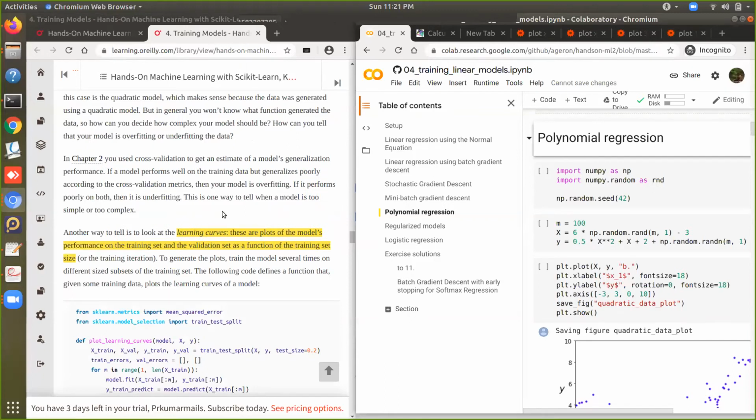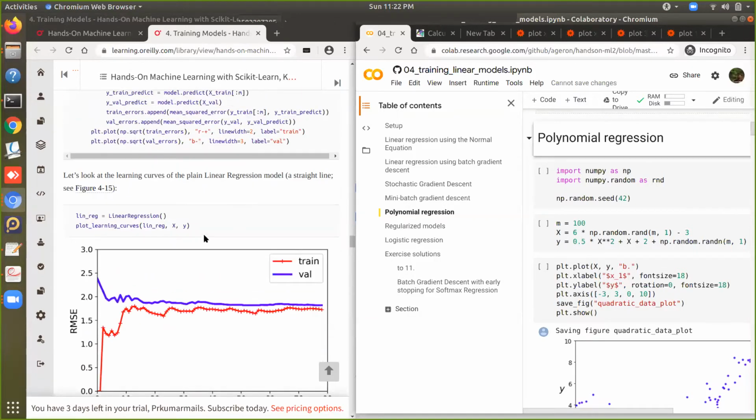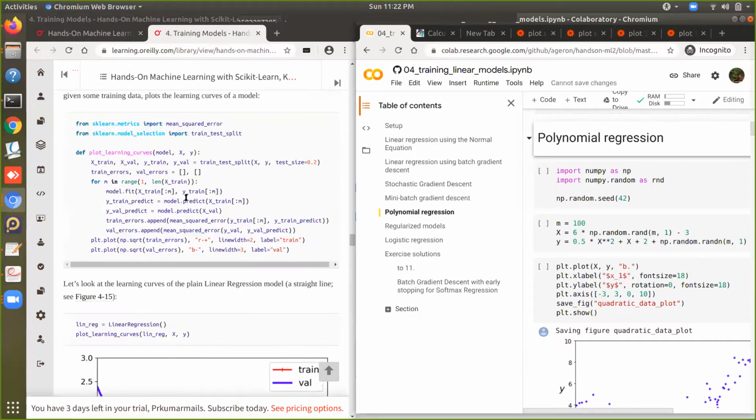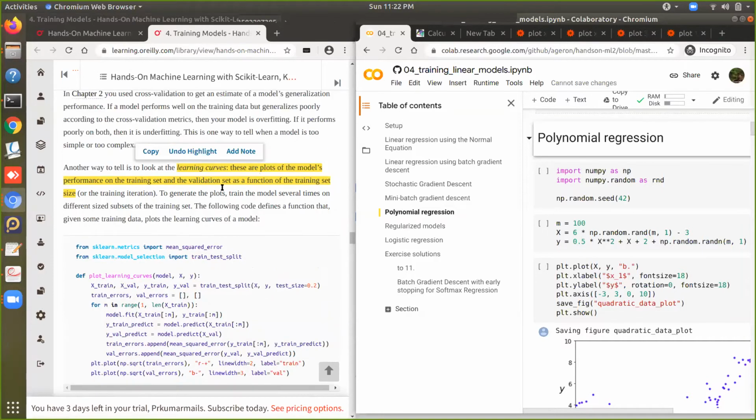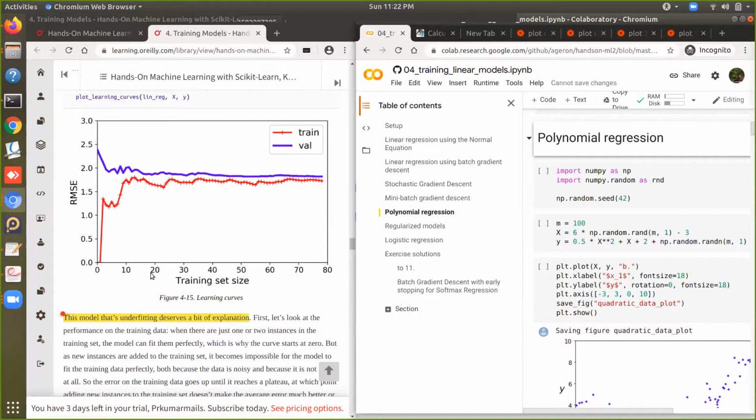Then the author talks about learning curves. These are plots of the model's performance on the training set and the validation set as a function of training set size. When we increase the training set size, from 0 examples, to 10 examples, and so on, what is the validation error?